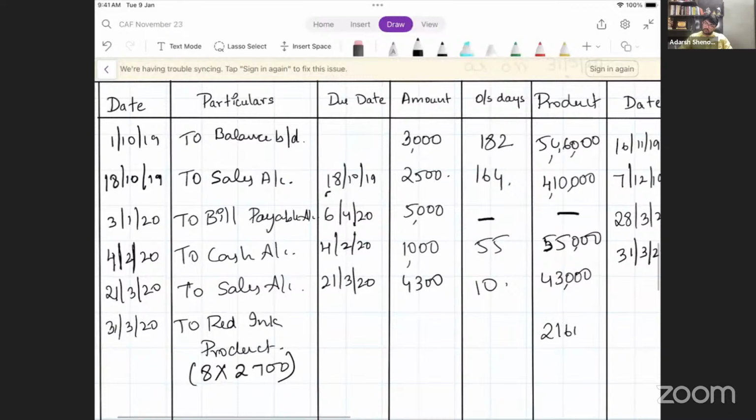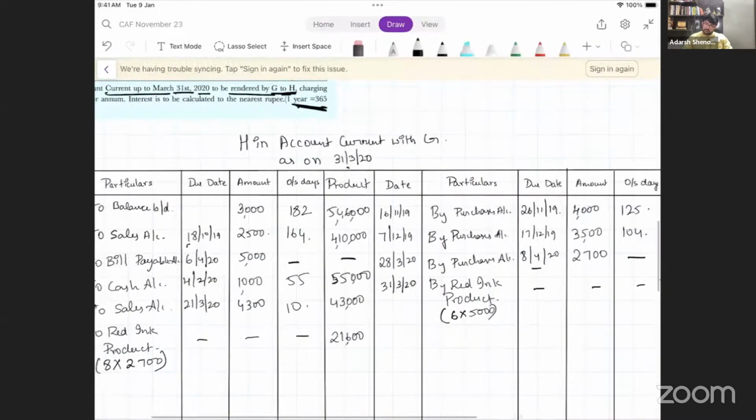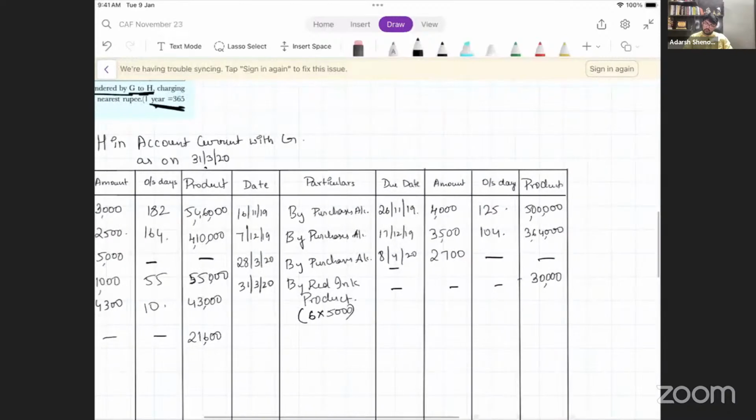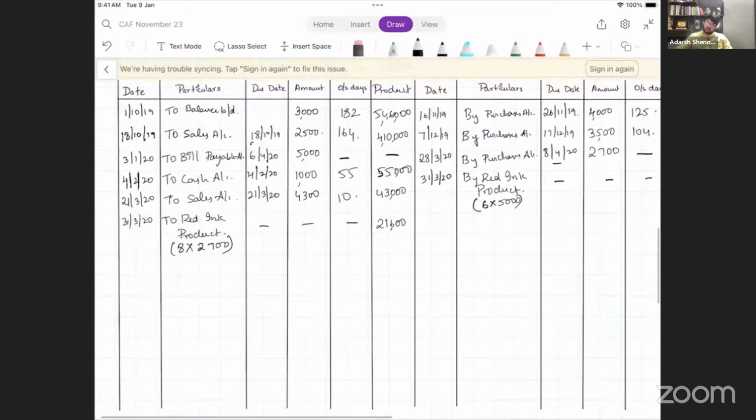Only the product column is to be filled. For the red ink entries, only product column, nothing else. 21,600. That's it. We're done. Now calculate the total.